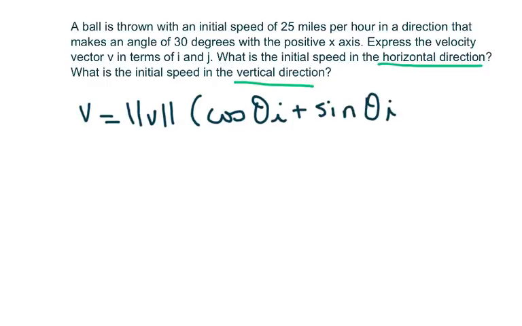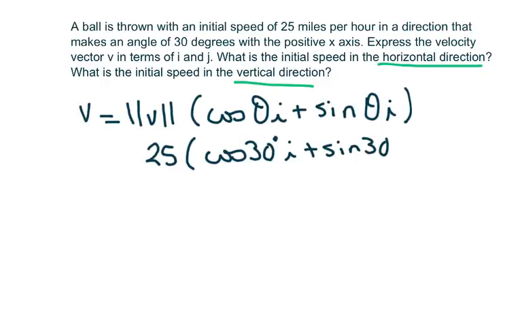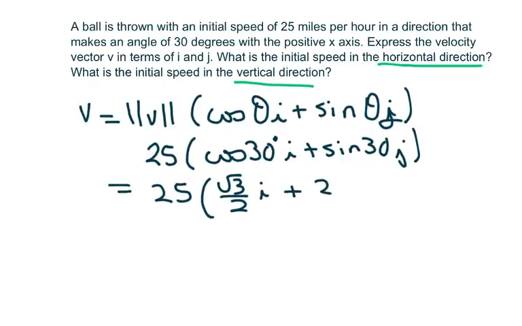We already know the magnitude, so we don't have to find it. So that's just going to be 25 times cosine of 30 degrees i plus sine of 30 degrees j. j is our vertical component. That's going to equal 25 times square root of 3 over 2 i plus 25 times sine of 30, which is 1/2, j.